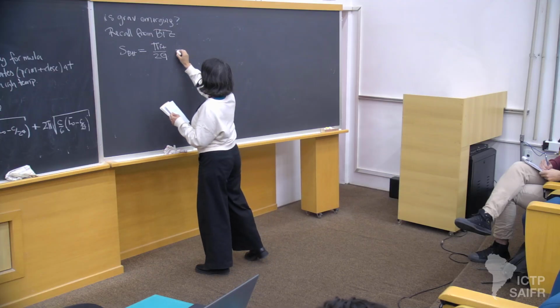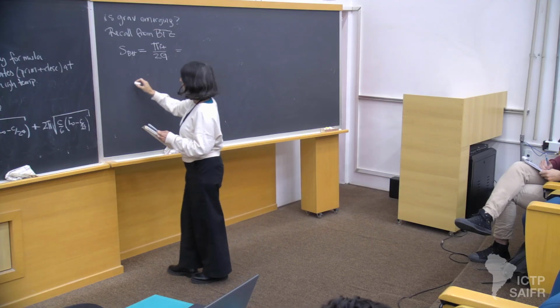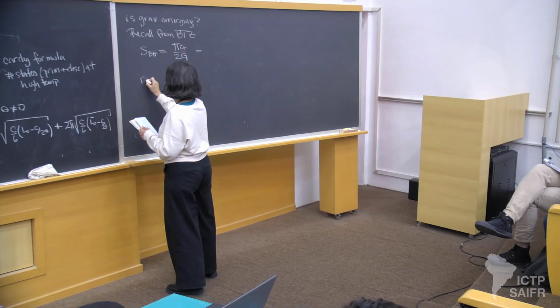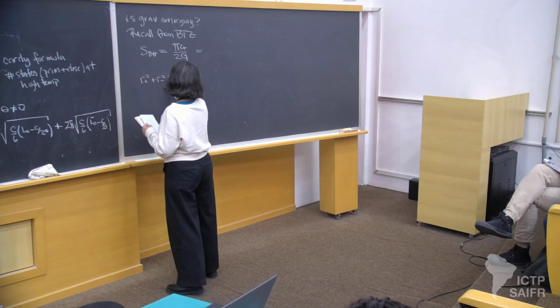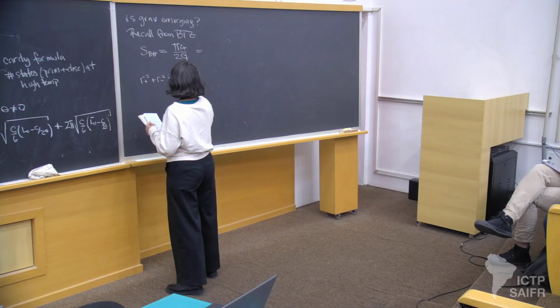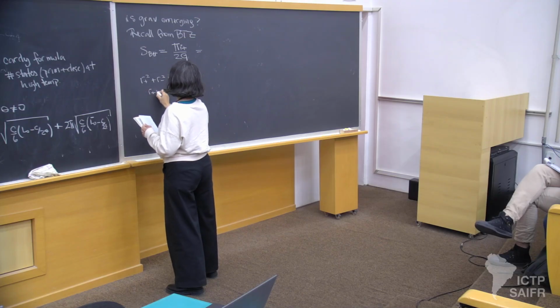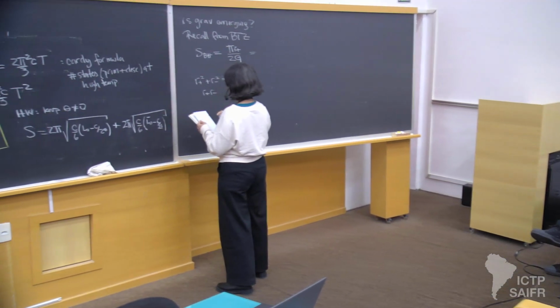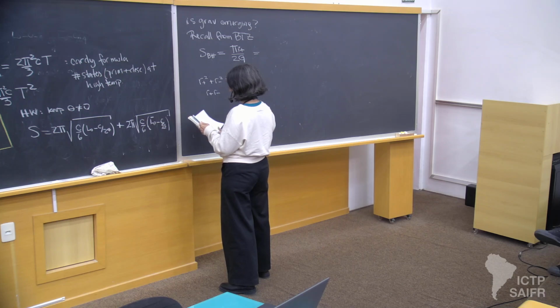Now, let's rewrite this. So this r plus, so we had these definitions that r plus plus r minus was this, and r plus times r minus. Sorry, there's factors of L here that I'm forgetting because I was keeping all the L's.